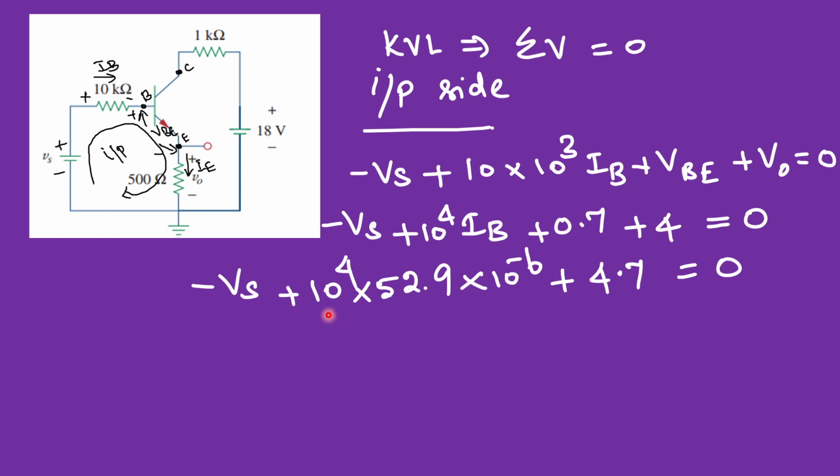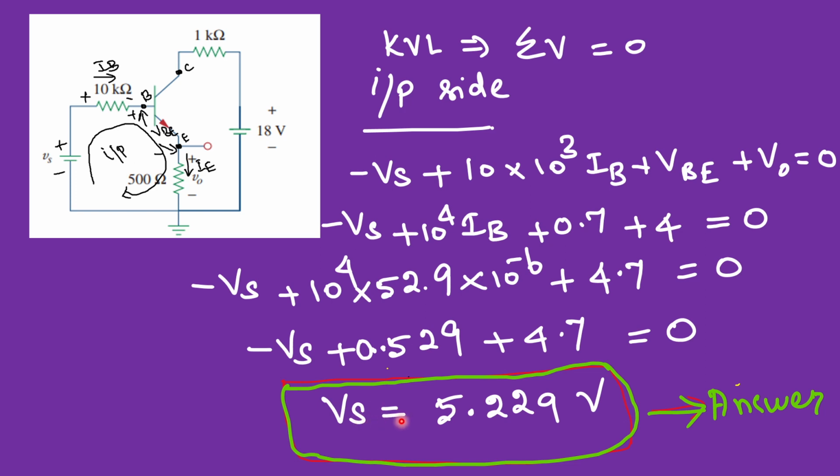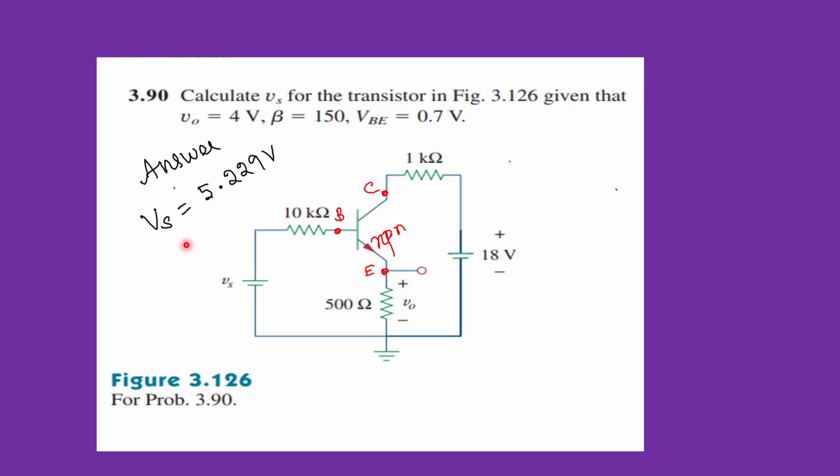So here this is 10 power minus 6 and 10 power 4. So we can write this as 0.529, okay, because it is 52.9 into 10 power minus 2, so that can be written as 0.529. So we have this as minus Vs plus 0.529 plus 4.7 is equal to 0. That means Vs is equal to 5.229 volts. This is the answer we need. Okay, so we got the answer. So the answer is Vs is equal to 5.229 volts.